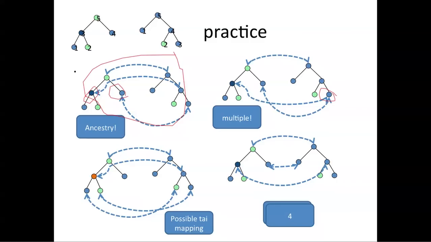It might not be the least cross mapping, but indeed it is a possible Tai mapping. And can you guess the fourth one? Again, it is not a Tai mapping, because these two siblings are swapping their order. So the left to right restriction is not preserved.